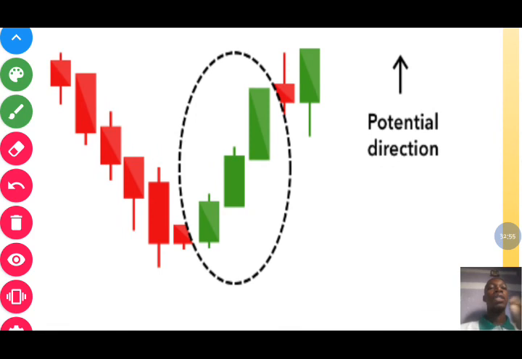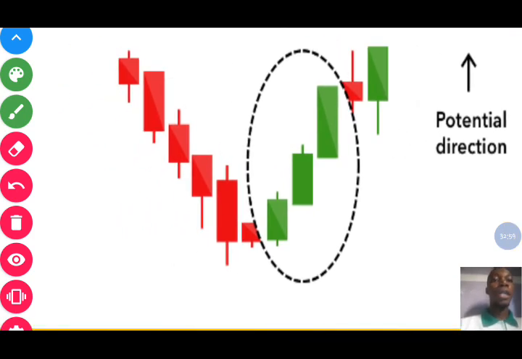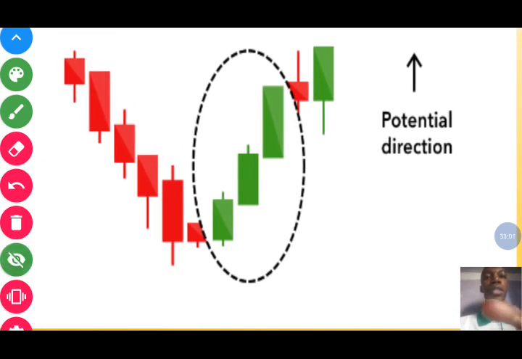Now I need you to get this. The three candlestick pattern has to be very strong. You can see that the first candlestick was strong but not that strong. The first and second candlesticks had wicks, but the third candlestick didn't have any wick. It was very, very strong.